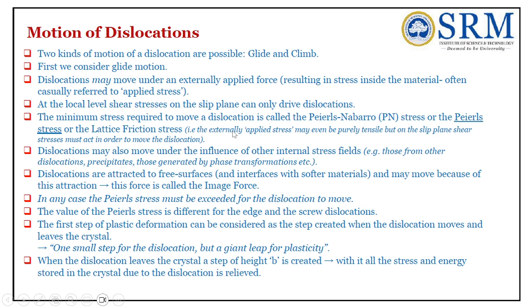So the driver for the dislocation to move is the Peierls-Nabarro stress, the minimum stress required to move the dislocation. The driver for tensile stress is shear stress. Even though we are applying the tensile stress, the tensile force cannot move anything unless there is a dislocation.